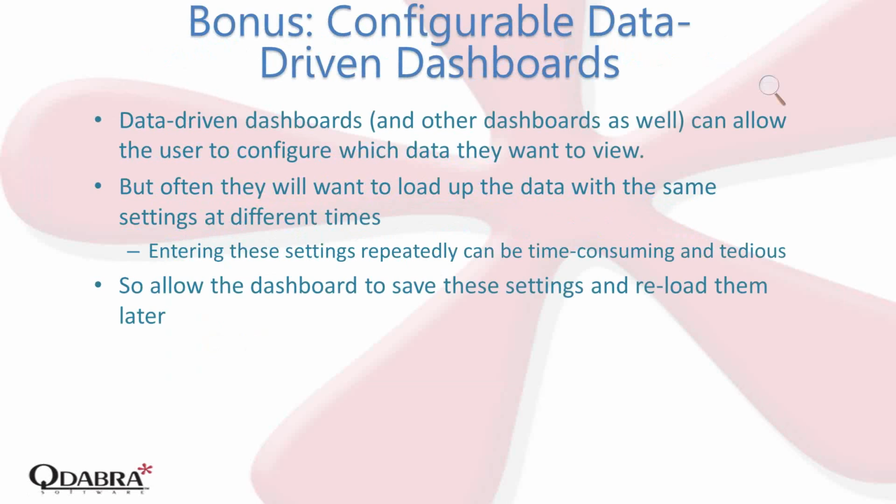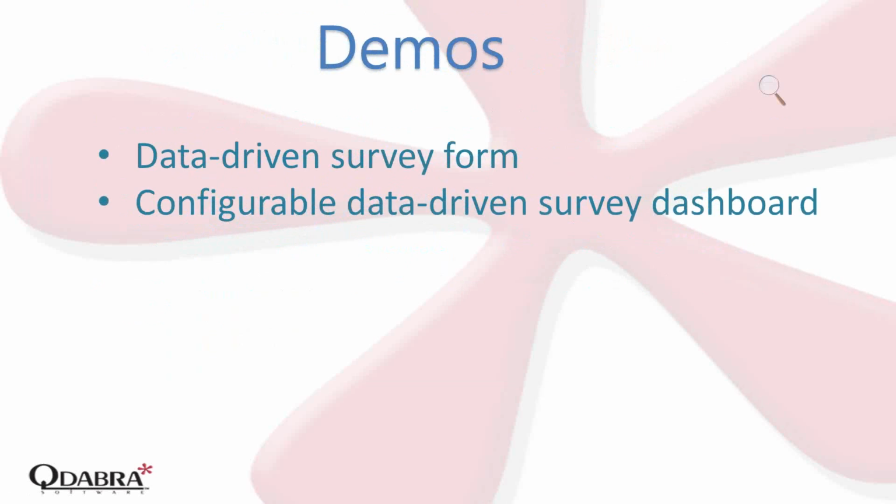So you give them a screen to set up those options, and then you can give them the ability to save those options that they have specified, and then load it up later. If you allow the dashboard to save these settings out and reload them later, this can save your users a lot of time and hassle.